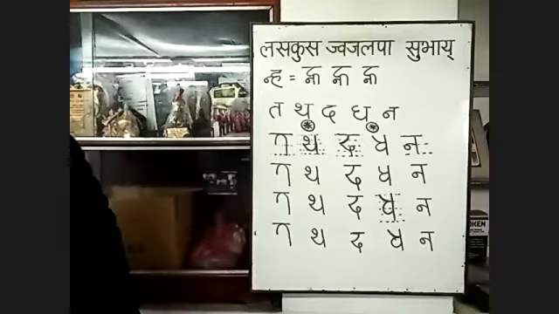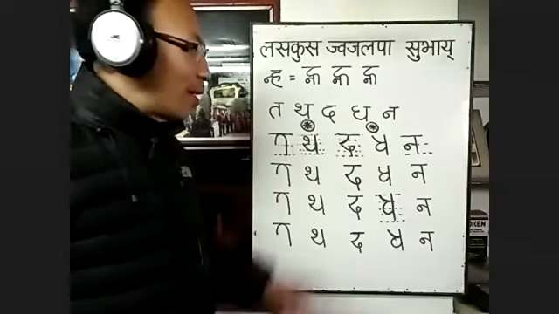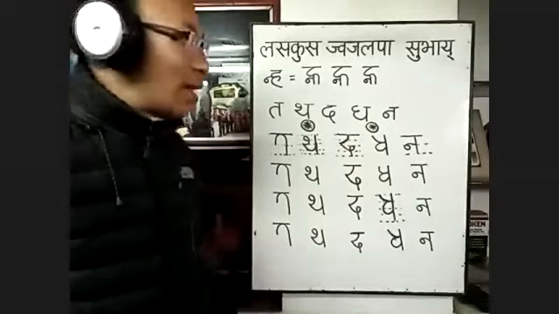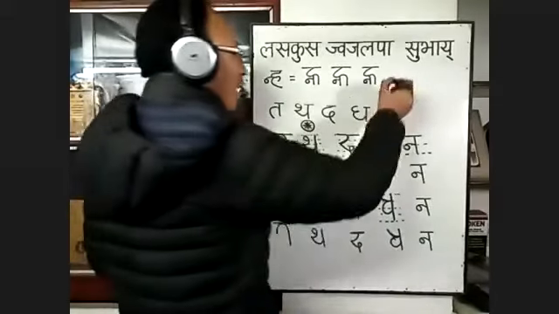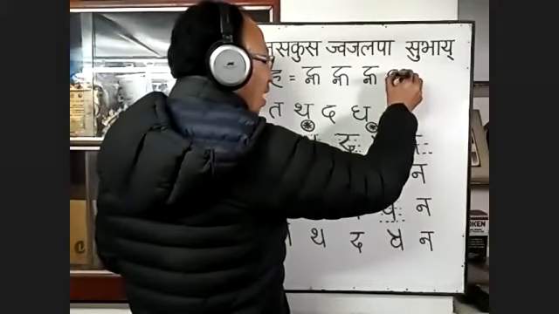Okay, we have learned 12 letters today from Tsa to this No, right? So No is also a letter having La. So that's why we give this sign.